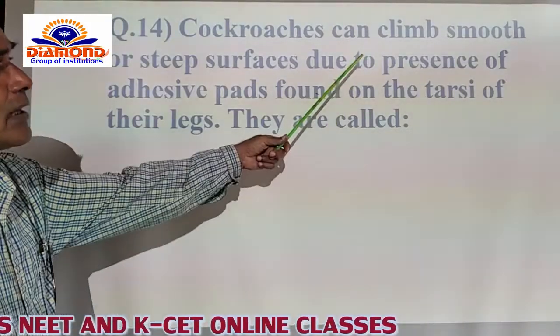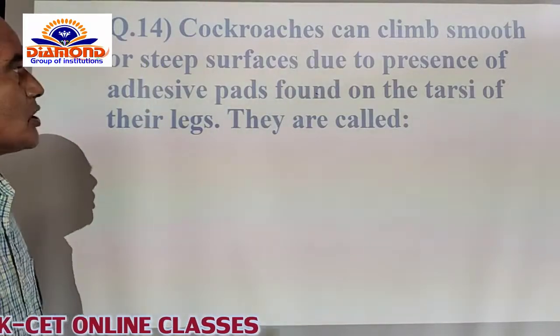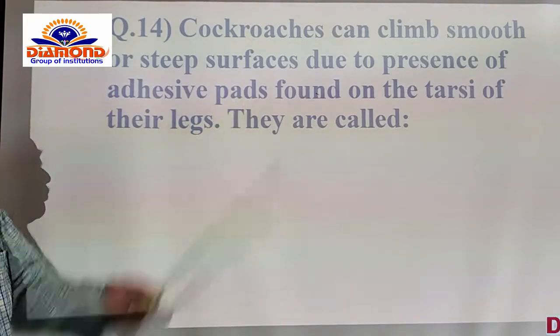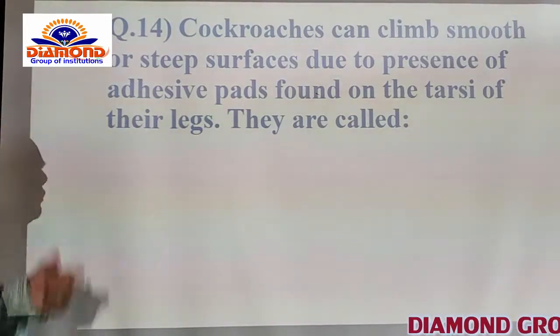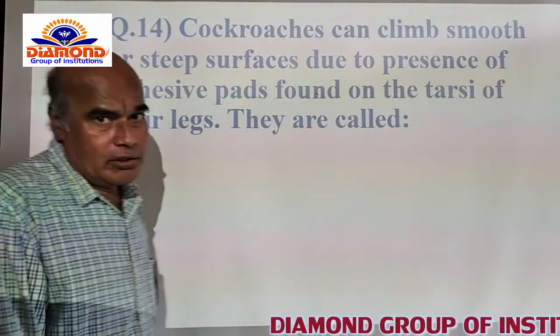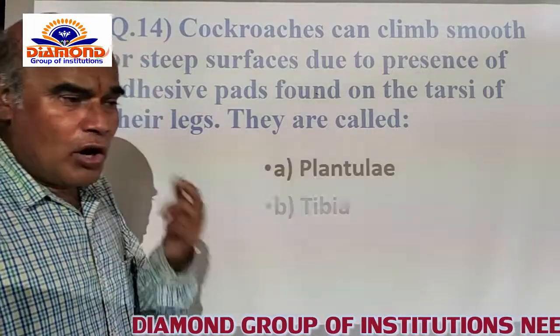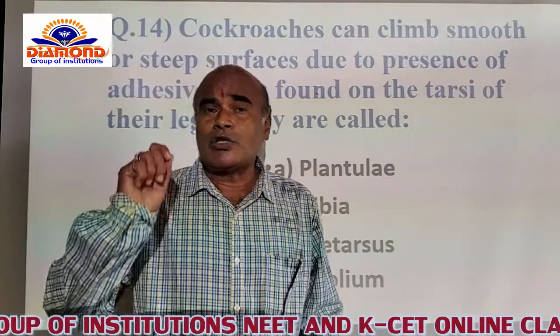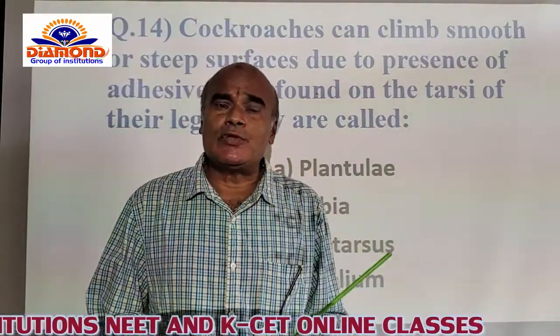Cockroaches can climb smooth or steep surfaces due to the presence of adhesive pads found on the tarsi of their legs. They are called what? Of course, you know that cockroaches crawl perfectly on smooth surfaces as well as rough surfaces.